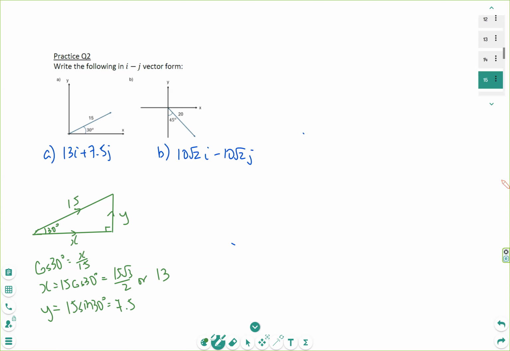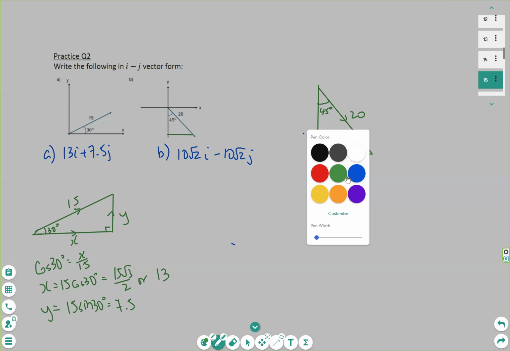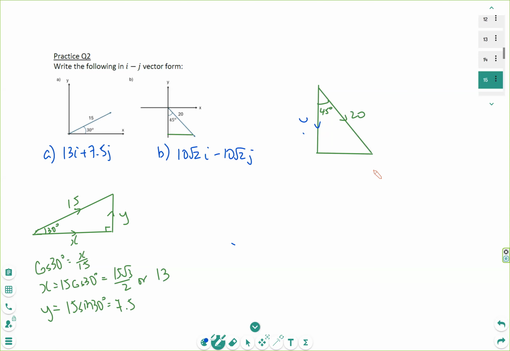Now B, however, is slightly trickier. If we draw a line in here, then we can see this triangle, 45 degrees. 20 is going to the bottom right. To make 20 go to the bottom right corner direction, you must have y going downwards and x going to the right.